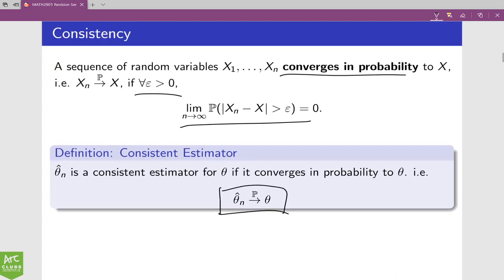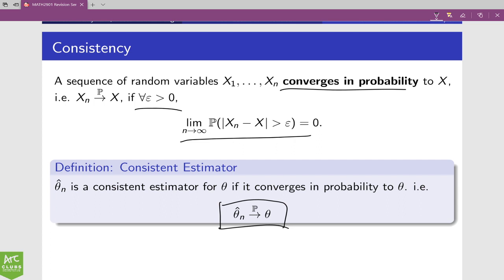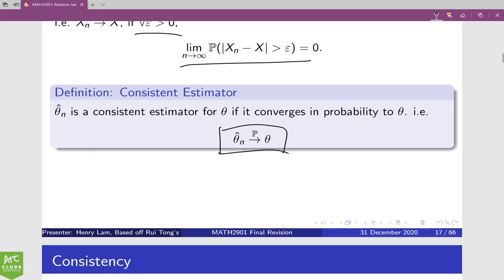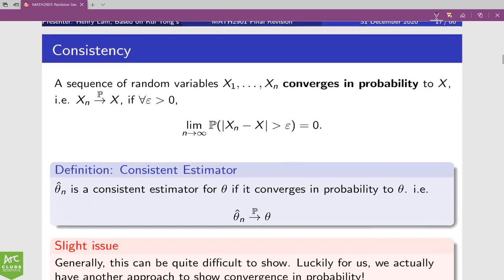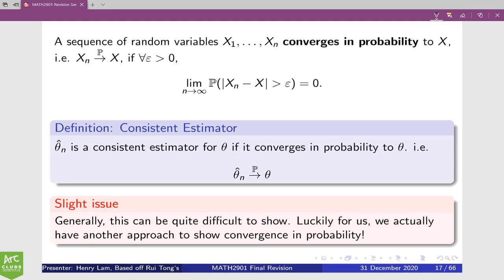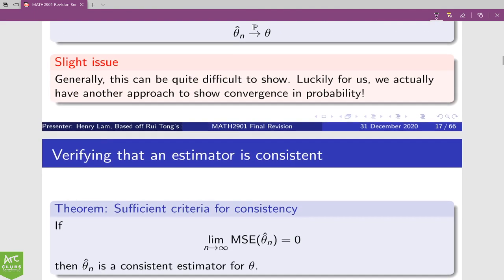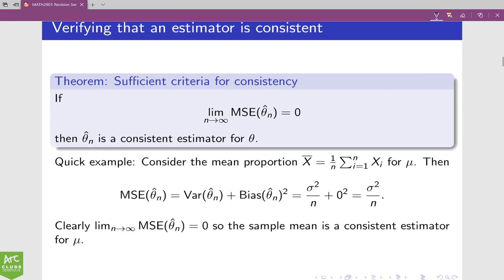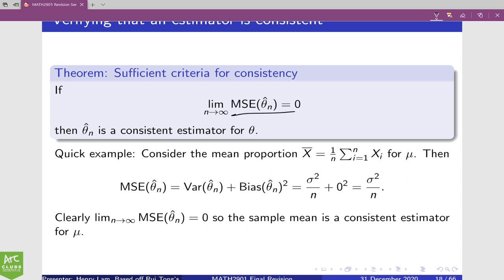You can probably see from here, it's kind of annoying to directly prove this, because you have to worry about limits and epsilons. So we actually have a sufficient condition, something that if true implies it converges in probability. It's the mean square error.